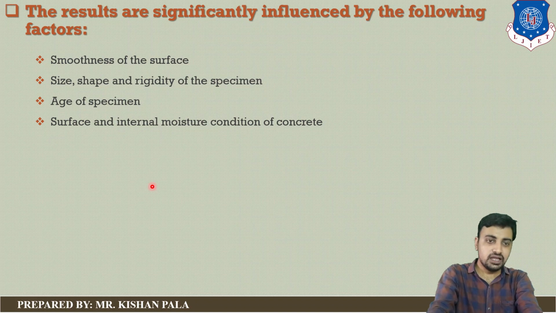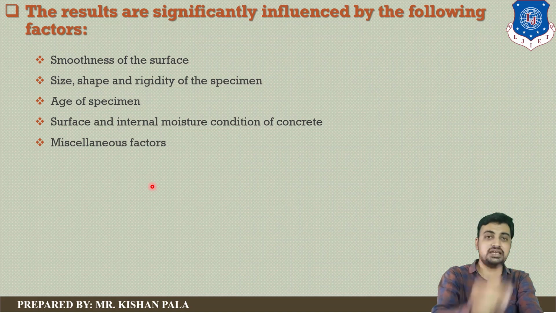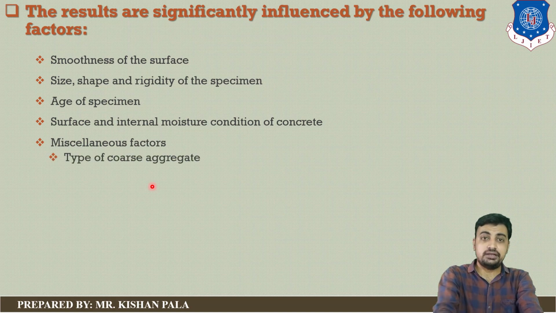concrete. And next one is miscellaneous factors like types of aggregate, which type of aggregate you are using in your concrete mass. This will give you different rebound values. For example, if you are using harder aggregate, this will give you a higher rebound value, and if you are using softer aggregate, this will give you a lower rebound value for this test.